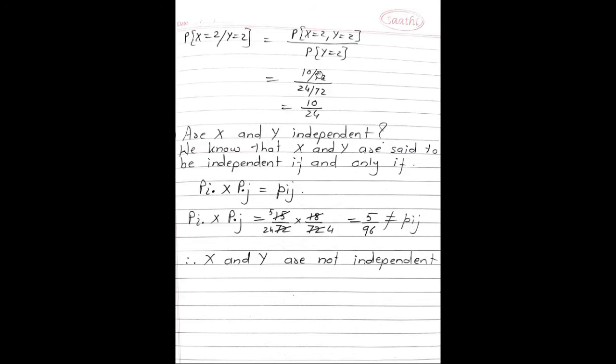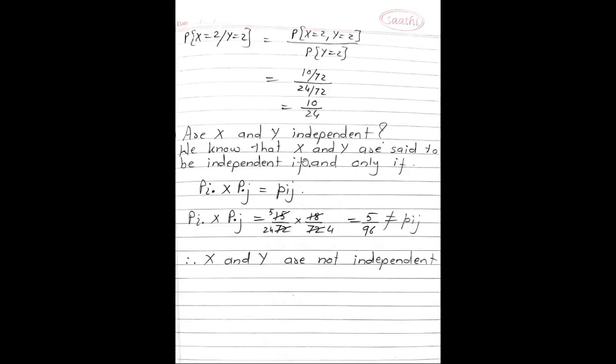So 10 by 72 divided by 24 by 72, the answer becomes 10 upon 24. So we have 6 by 24, 8 by 24 and 10 by 24. If we add these three values, we get 24 by 24, that is nothing but 1.